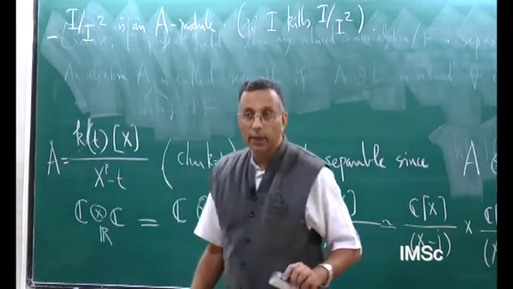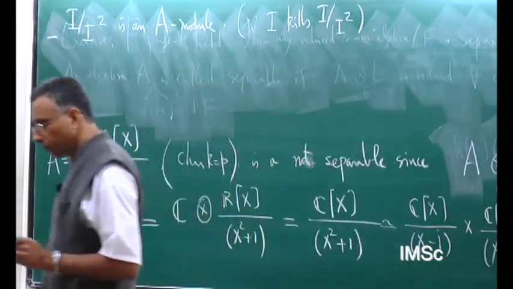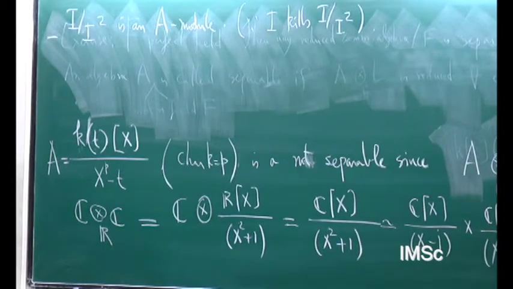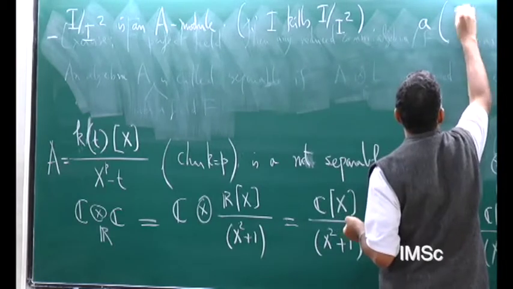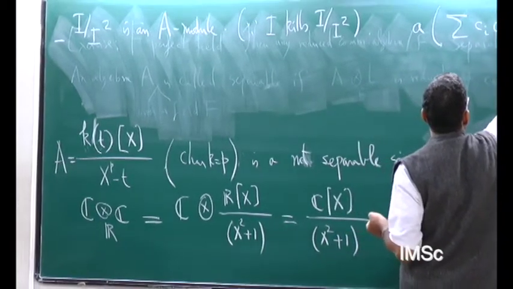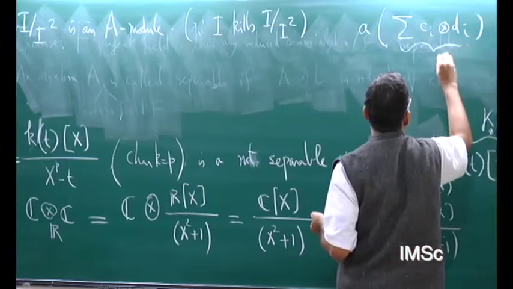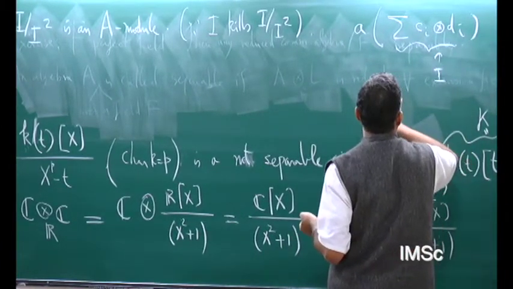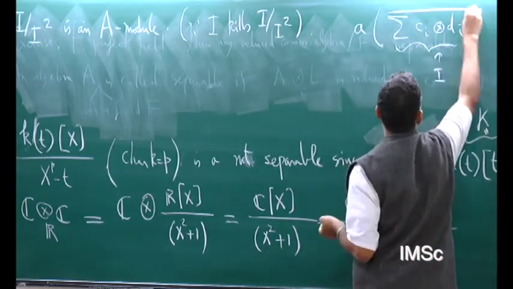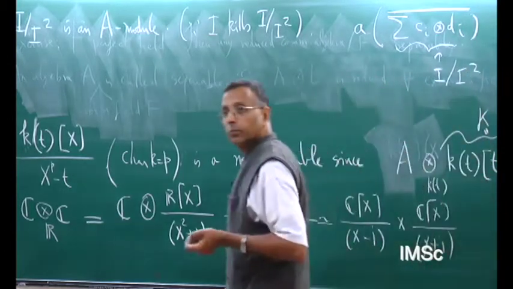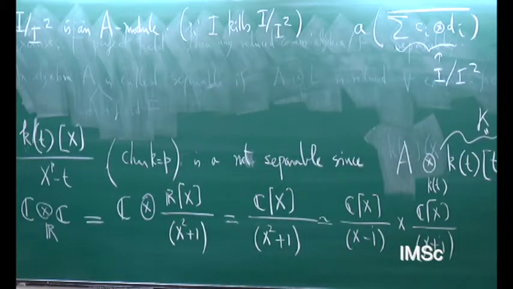And moreover, let's observe one thing. When we say it's an A module, the crucial thing that enables the calculations is the following. How does A act on I? Suppose I take a in A and something of the form Σ c_i tensor d_i in I, rather I mod I square. How will a act?